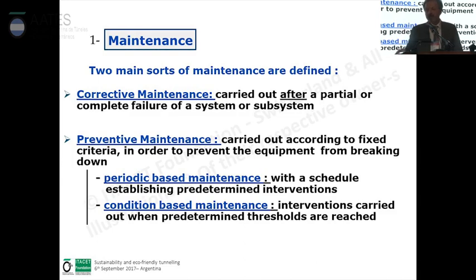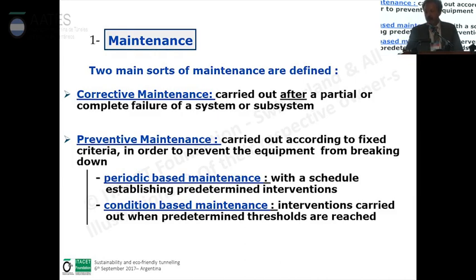But preventive maintenance, I explained, is economically and financially interesting, and also provides a higher performance. Preventive maintenance is carried out according to fixed criteria, and we prevent equipment from breaking down.